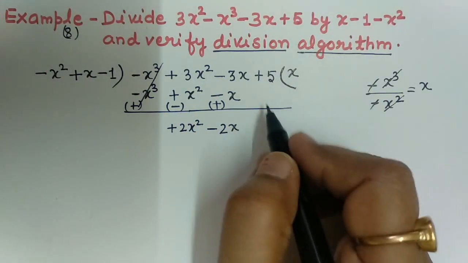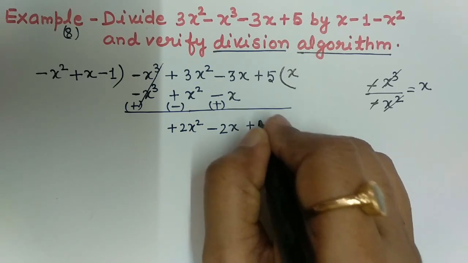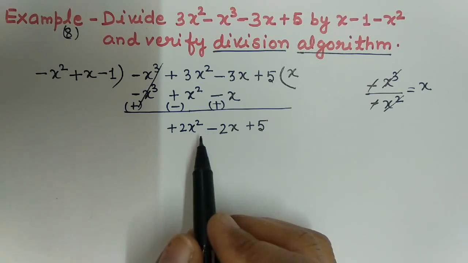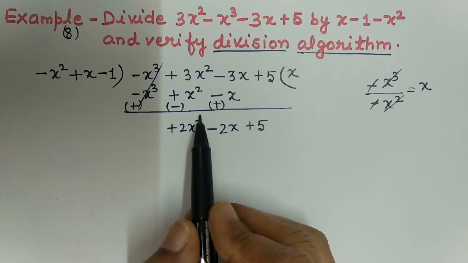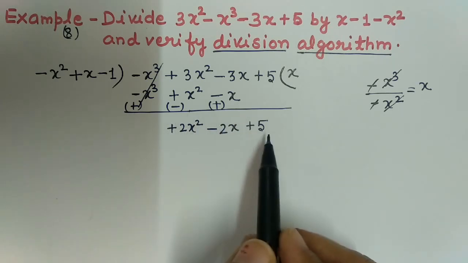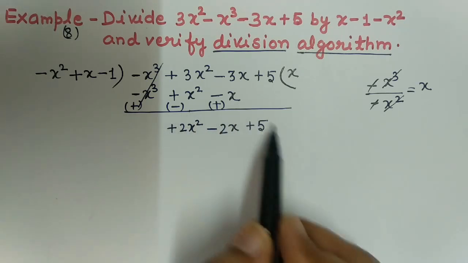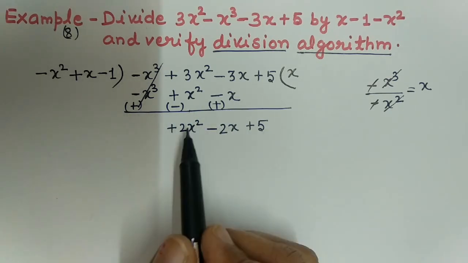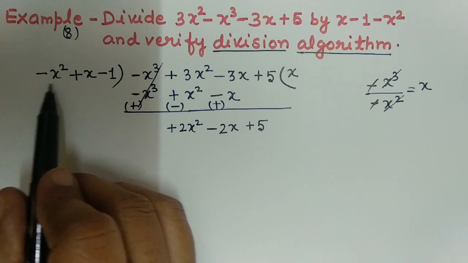Now I will take this 5 down. So I am writing plus 5. Now our new dividend is 2x square minus 2x plus 5. This is our new dividend, because we have to divide this by this divisor.